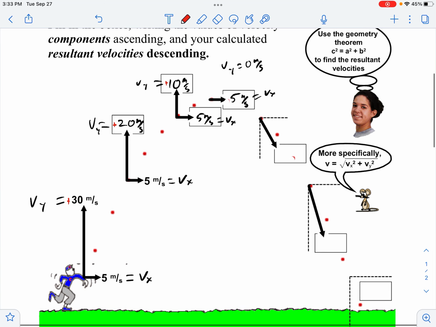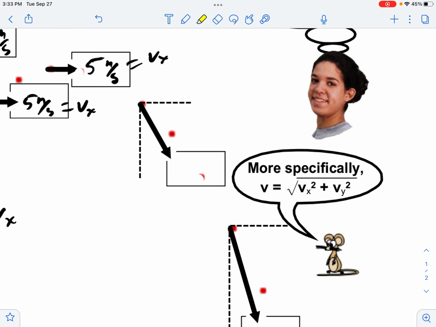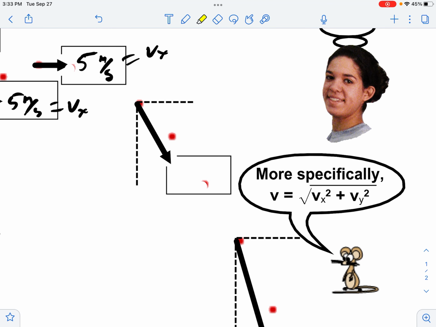The way down, we can use that same kind of reasoning as we did on the way up. I'm going to start with the sideways part, because the pattern says it's 5 meters per second, 5, 5, 5. If I look at the descending part, here's this arrow, and it's supposed to represent the ball coming down. As the ball comes down, it's moving down and to the right.